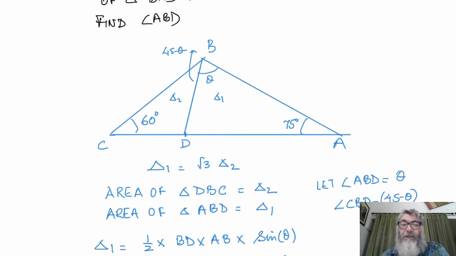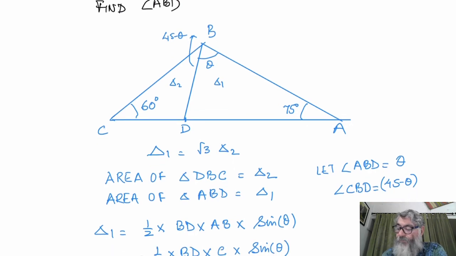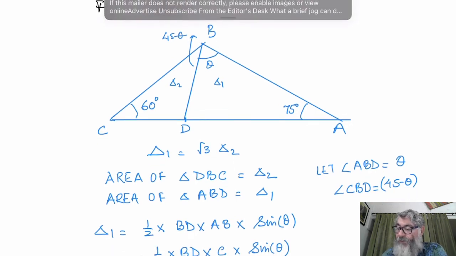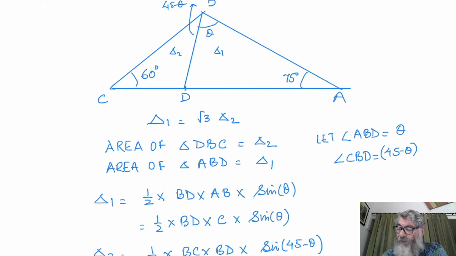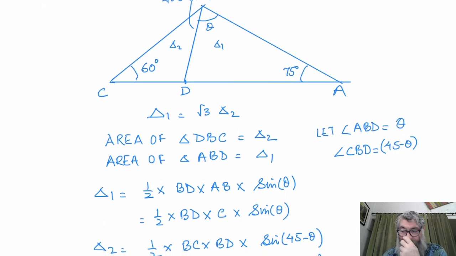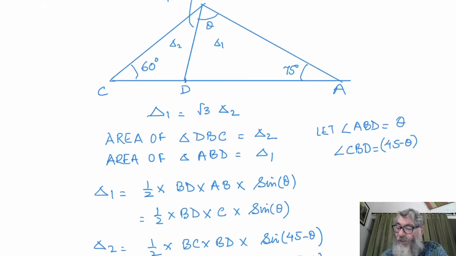Now let us calculate the area of triangle delta 1. Half into two sides, BD into AB, and the angle included between these two sides is theta, so half BD into AB into sine theta. We have written AB as small c, so half BD into c into sine theta. Now let us calculate the area of delta 2.